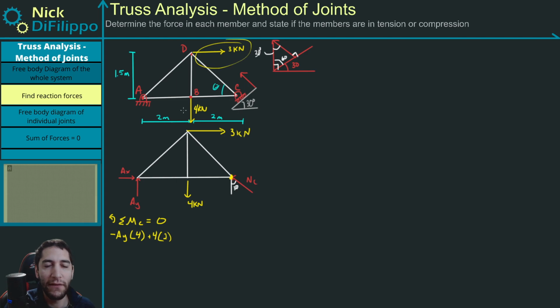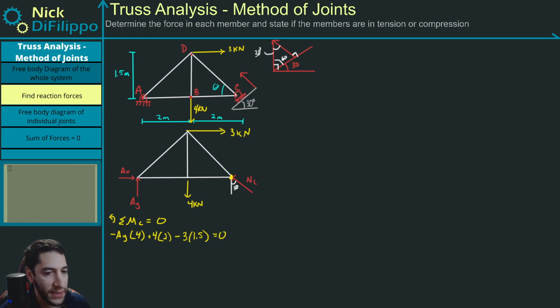And I'm also going to have this 3 kilonewton force, which is going to be about point C, a minus 3 kilonewtons times its perpendicular distance, which is 1.5. And that's going to be equal to 0.